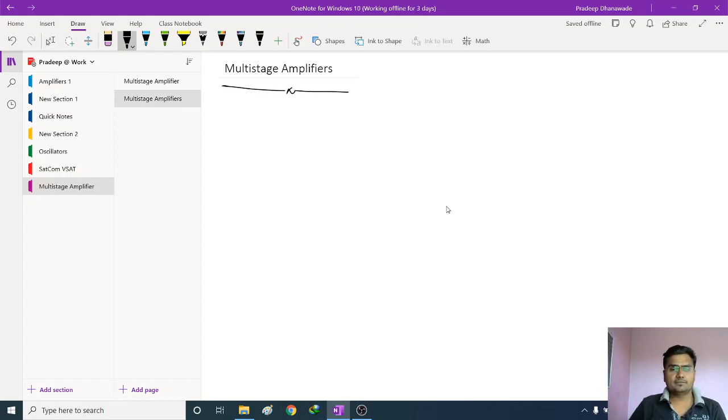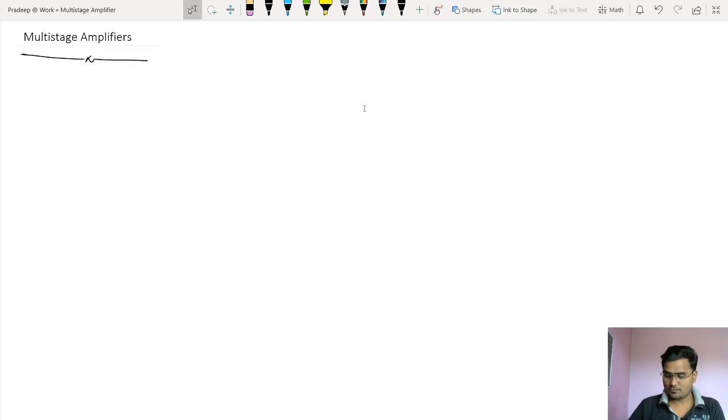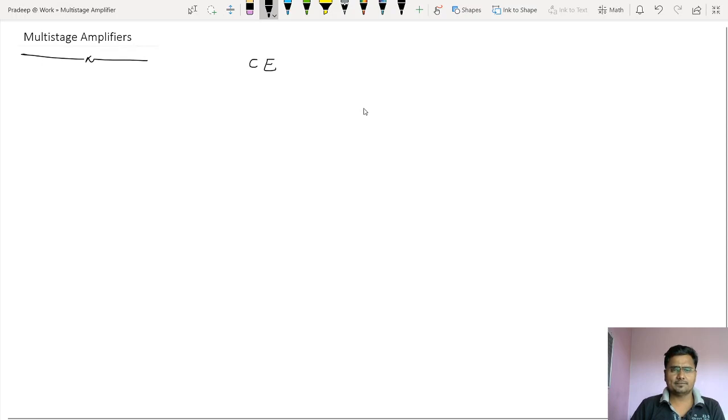See, in last semester what we have studied is the CE amplifier. CE amplifier is known to us, right? What is that CE? It is common emitter. And what is the full name?